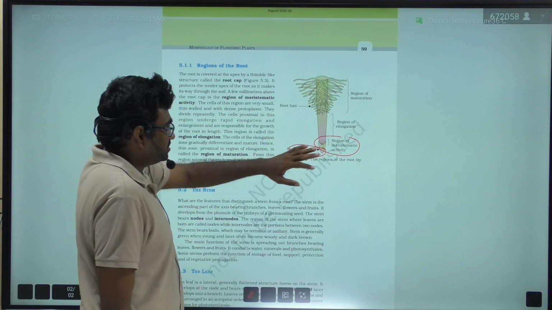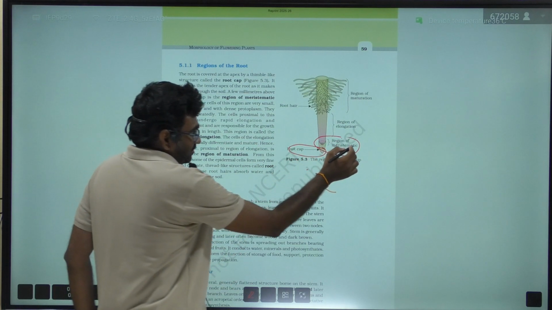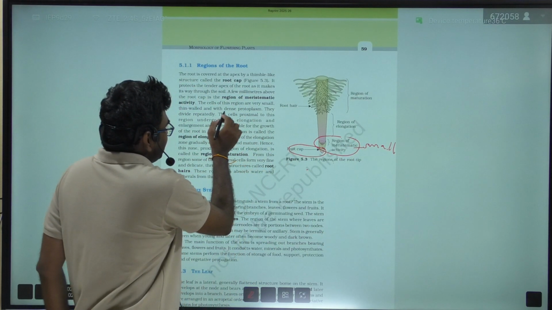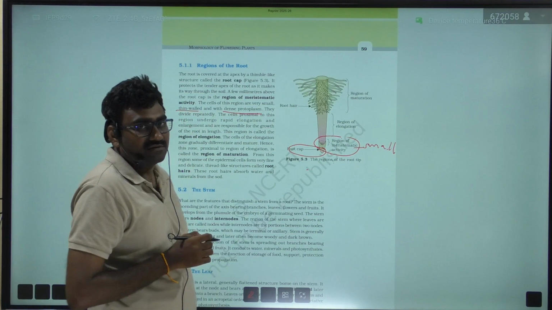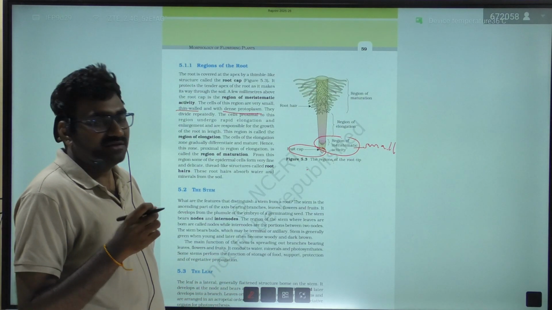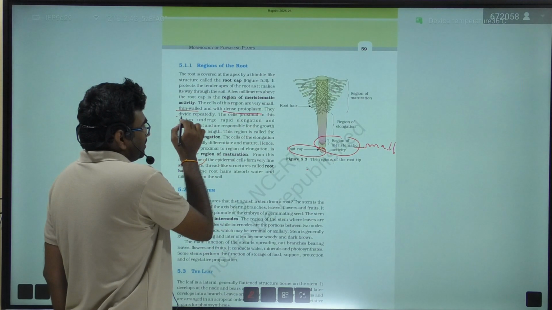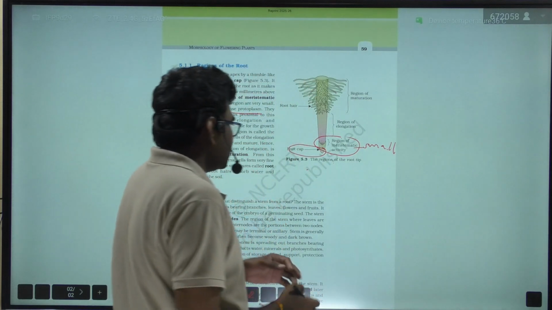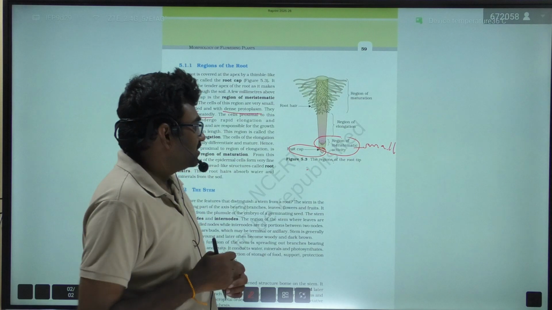The cells of this region are small, thin walled, with dense protoplasm, and they divide repeatedly.